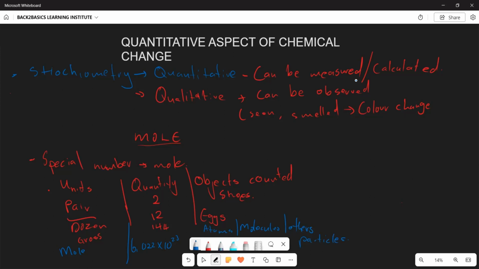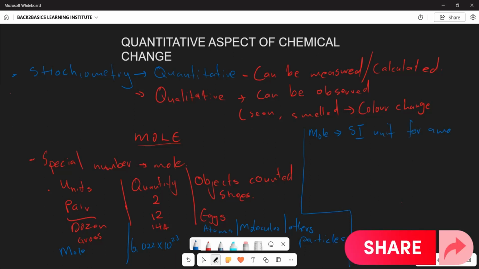Now let's try and dig deeper and understand what this mole is. This mole is basically an SI unit for the amount of substance. Let's try and make a space here. So, our mole is our SI unit for the amount of substance.